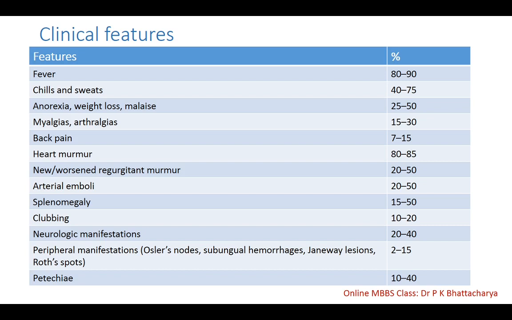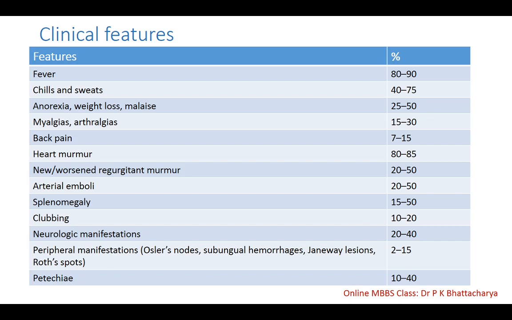It's difficult to know because you must have examined the person earlier also, to know whether a murmur is increasing or a new murmur has come in. Because if you see the person for the first time, you will not know whether it is a new murmur or an old murmur. Clubbing, not so common, is found as well as splenomegaly, arterial emboli. Arterial emboli are more common in the acute varieties, splenomegaly and clubbing are more in the chronic varieties.